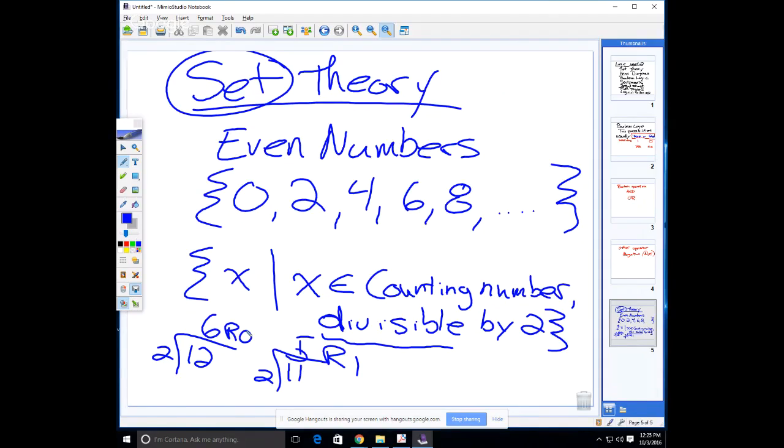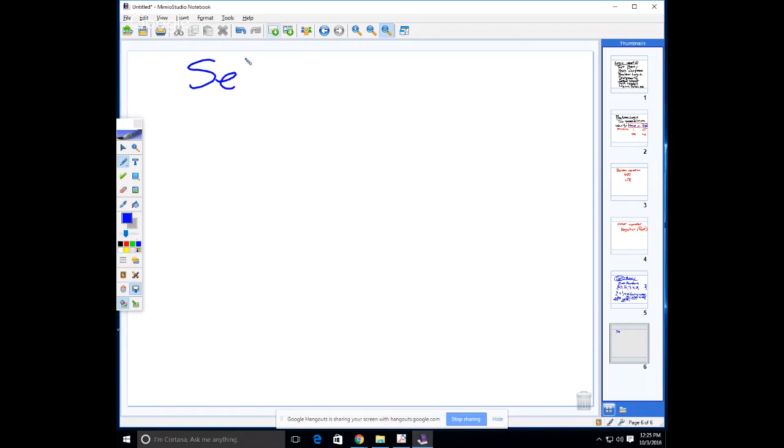So with set theory, sets must be well defined.